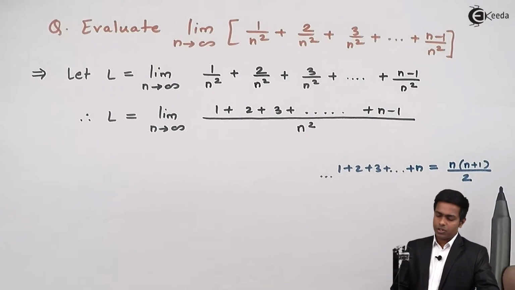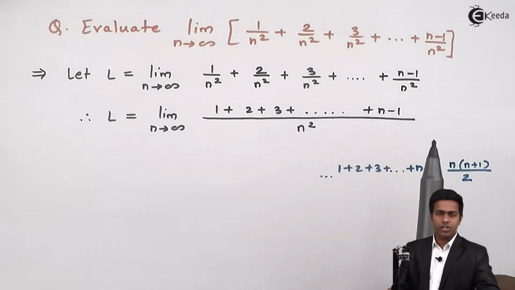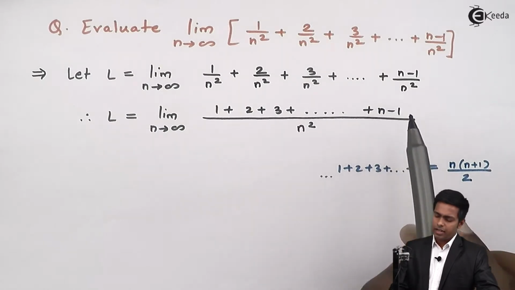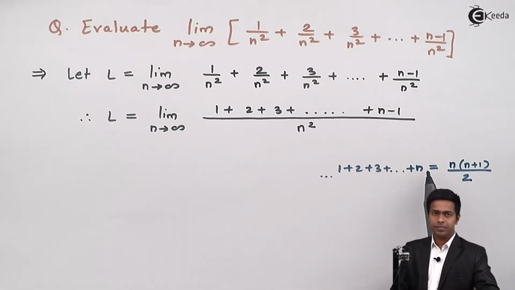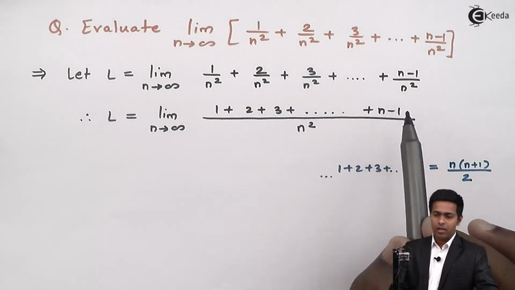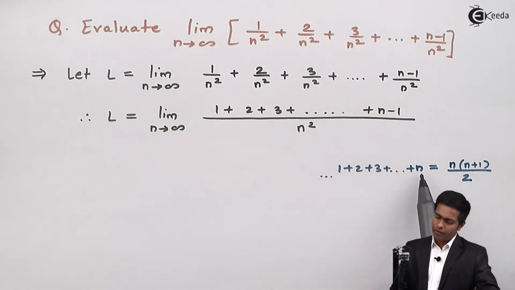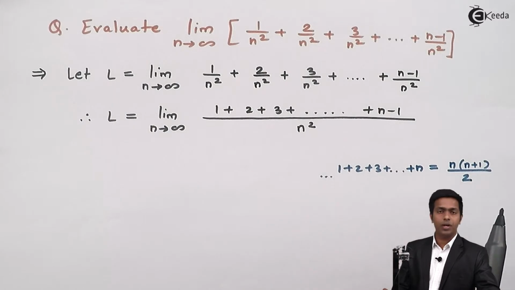Now if you observe the term in the question, the last term is n minus 1, whereas in the formula the last term is n. Since our last term is n minus 1, in the formula we will substitute n minus 1 everywhere. So wherever we find n, we substitute n minus 1.